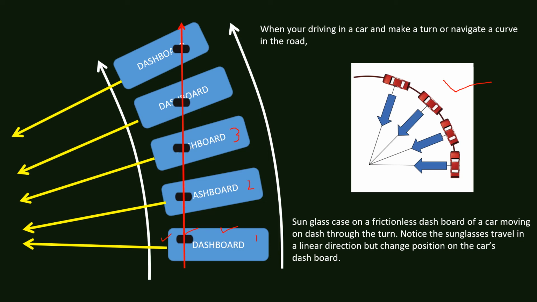However, when the sunglass case reaches this part of the dash, it's going to hit the window or whatever object is by the dashboard, and it can no longer move any further. This is like test tubes in a centrifuge, where heavier materials that have more inertia go to the bottom of the test tube and separate into different layers, where the heavier layers would be in this area right here, and the lighter ones would be over here somewhere.